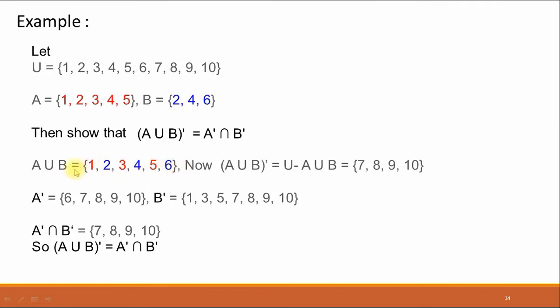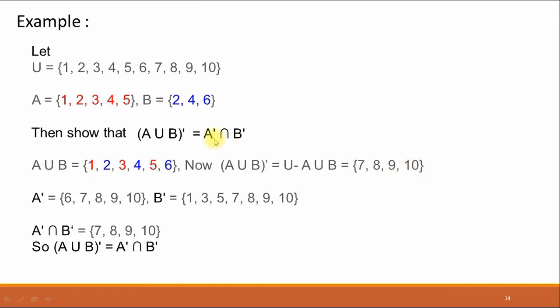Now to find the complement of A union B, the complement of A union B is equal to universal set minus A union B. Subtract A union B set from the universal set, we get 7, 8, 9 and 10. So (A union B) whole complement contains the elements 7, 8, 9 and 10.